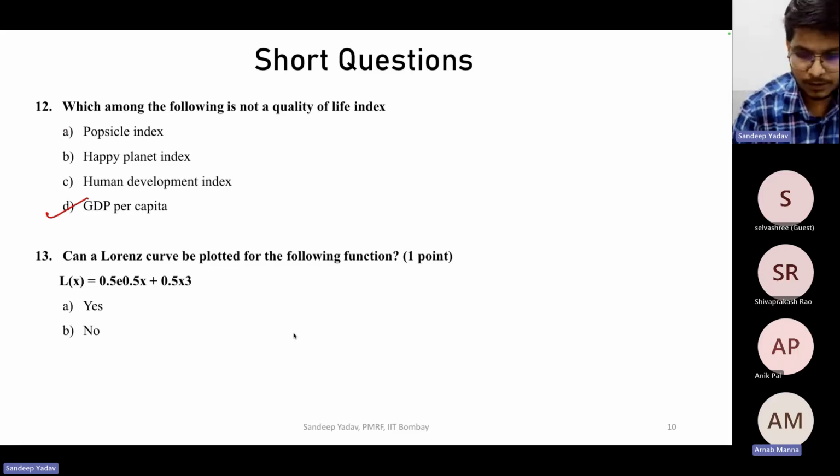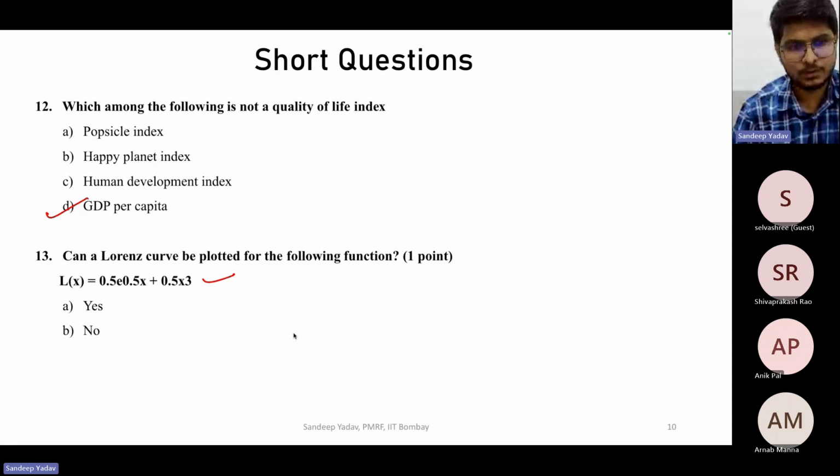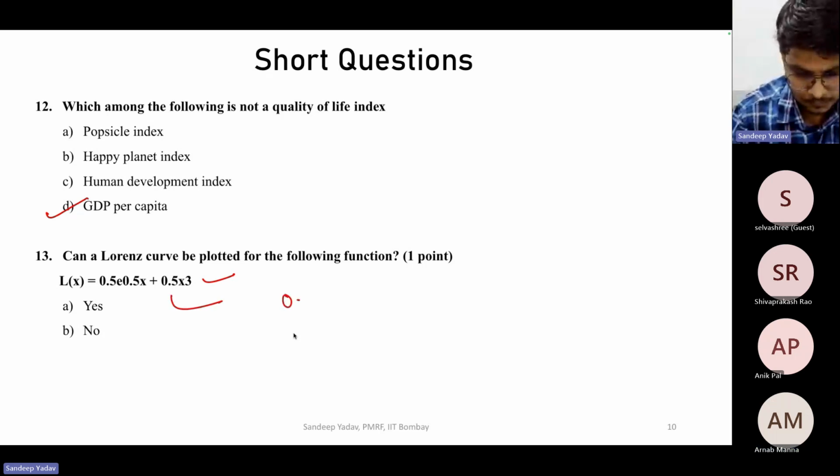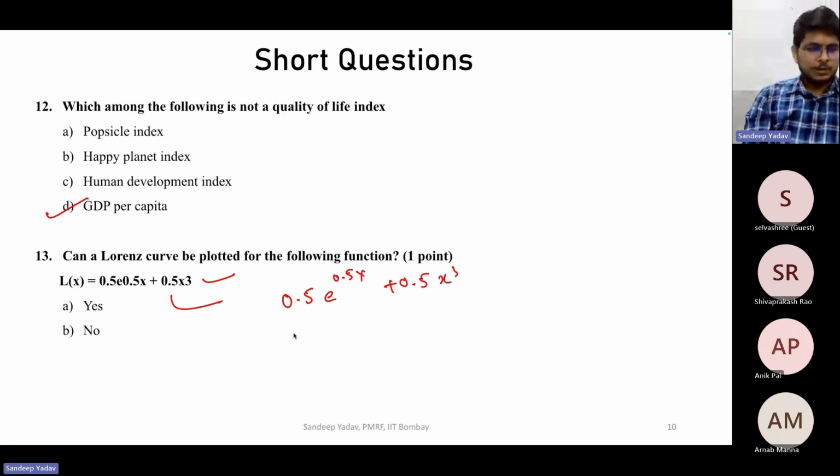Now, can a Lorentz curve be plotted for the following function? L(x) equals 0.5 e to the power 0.5x plus 0.5 x to the power 3. Is it true or false?